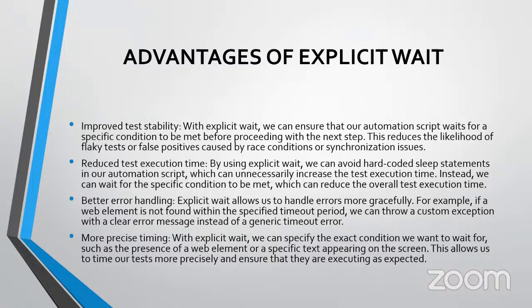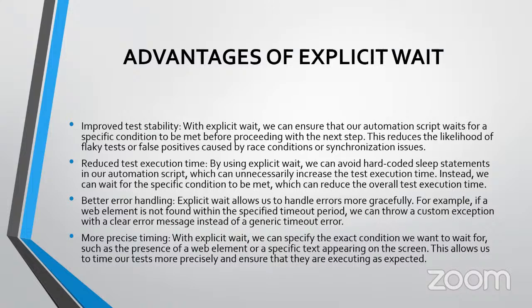Another advantage is that it reduces test execution time. By using explicit wait, we can avoid hard-coded sleep statements in our automation script, which can unnecessarily increase the test execution time. Instead, we can wait for the specific condition to be met, which can reduce the overall test execution time.